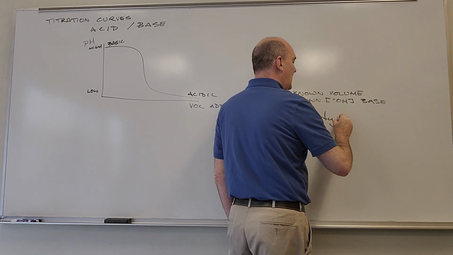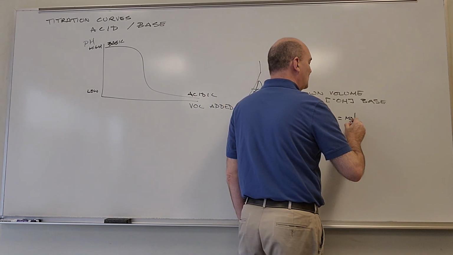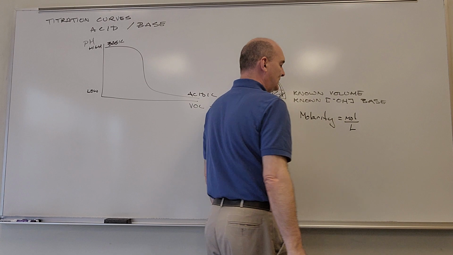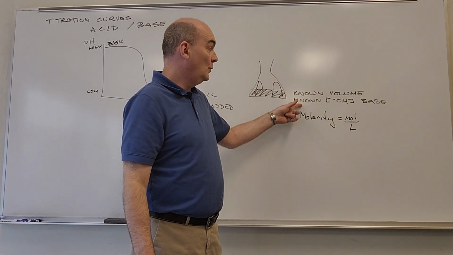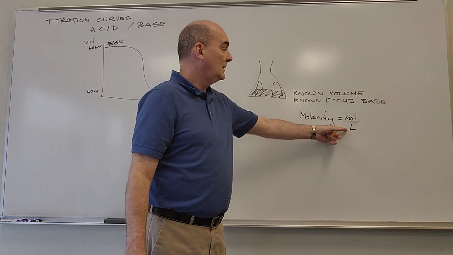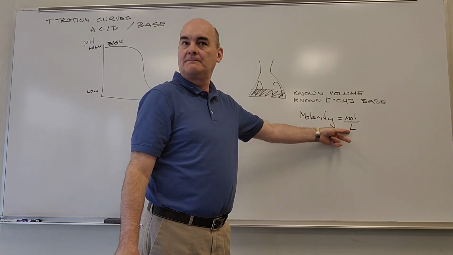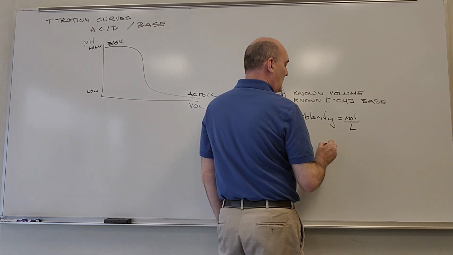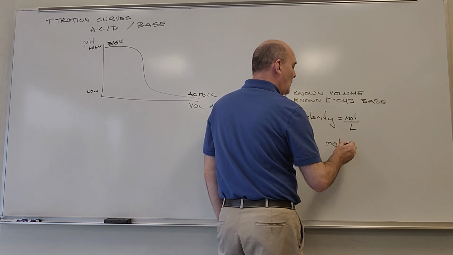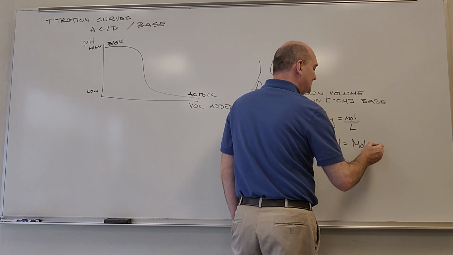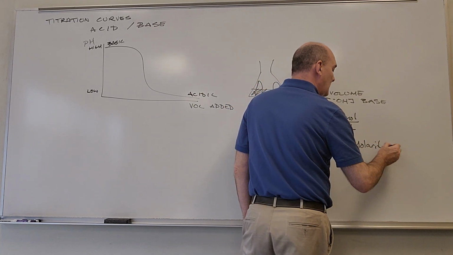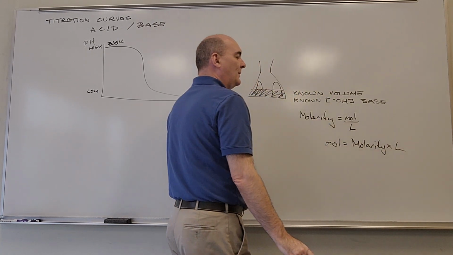knowing that molarity is moles over liters, and there's my concentration, which is known, and there's my volume, which is known, I know the number of moles in that flask. The moles is molarity multiplied by liters.